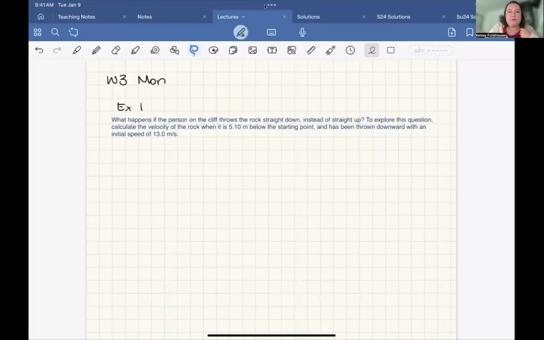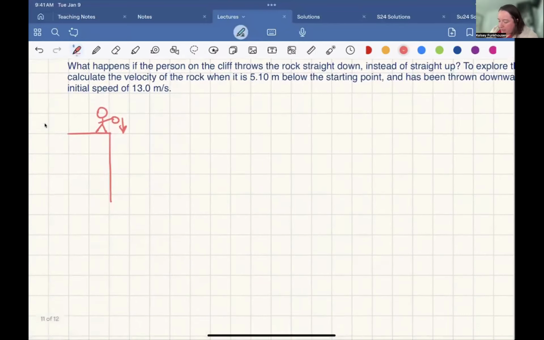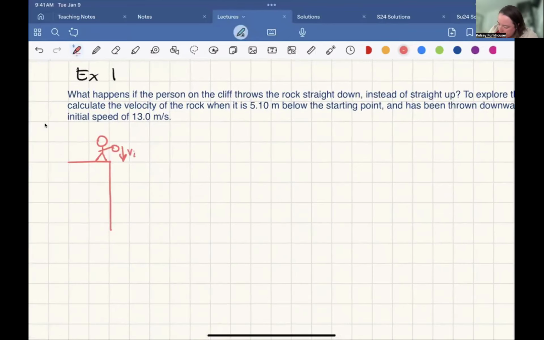Okay, and so the first thing we want to do is just draw the situation. It's a really simple drawing, but I think it will help us. So we have a person on some sort of cliff, and they are throwing a ball down with some initial velocity. And what we want to know is what the velocity is once it's traveled 5.1 meters.